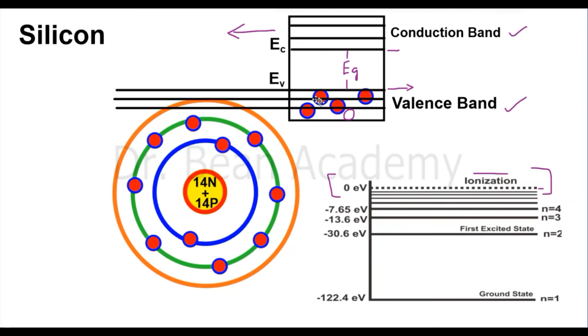And when I talk about giving energy to this electron, I will say they will jump to the conduction band. And now you know that conduction band is the area near the ionization zone, where they are almost free from their nucleus and they can be conducted. It means if I apply a potential difference across that material, they will start flowing. It will conduct a current.